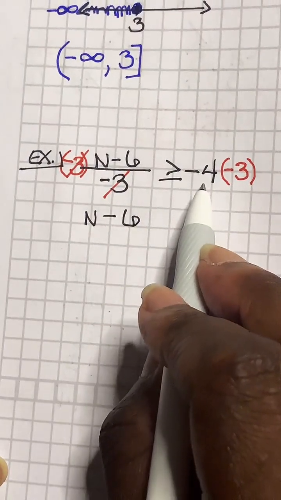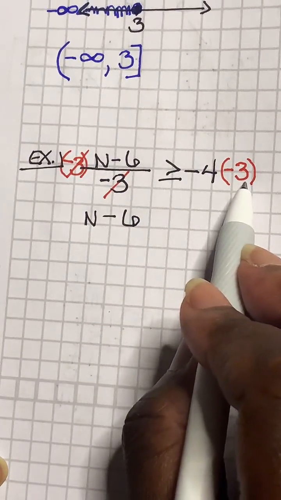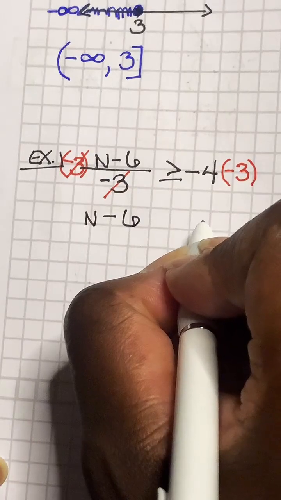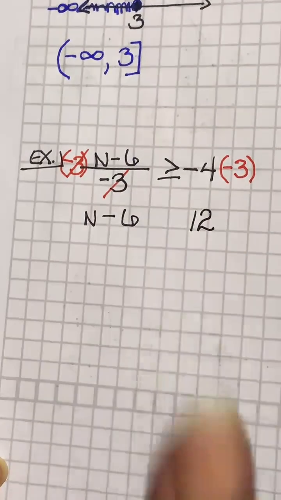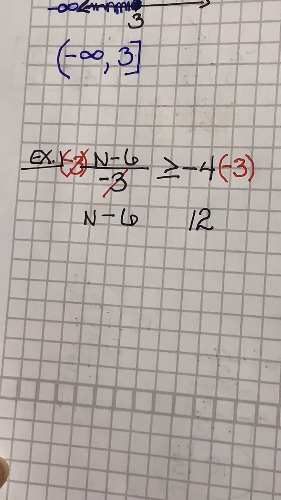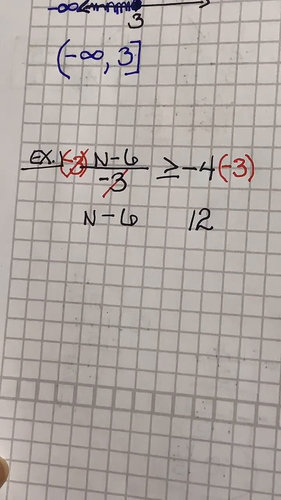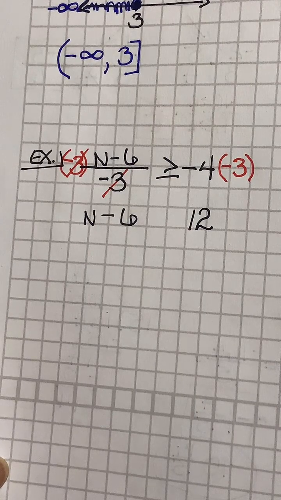And then we have -4 times -3, which will give me a 12. What's happening? What happens next?